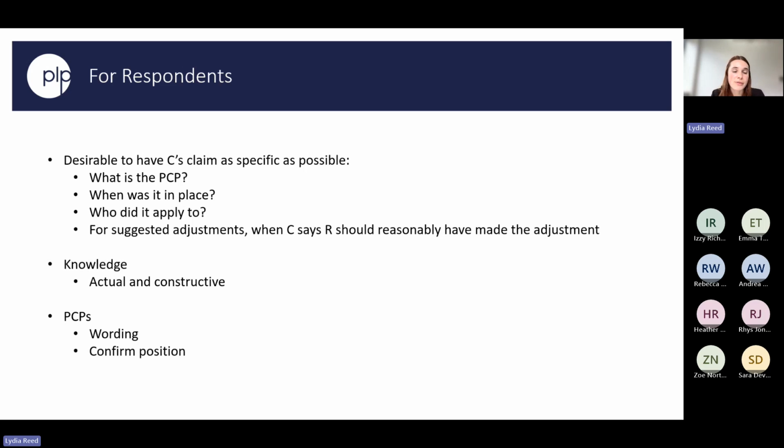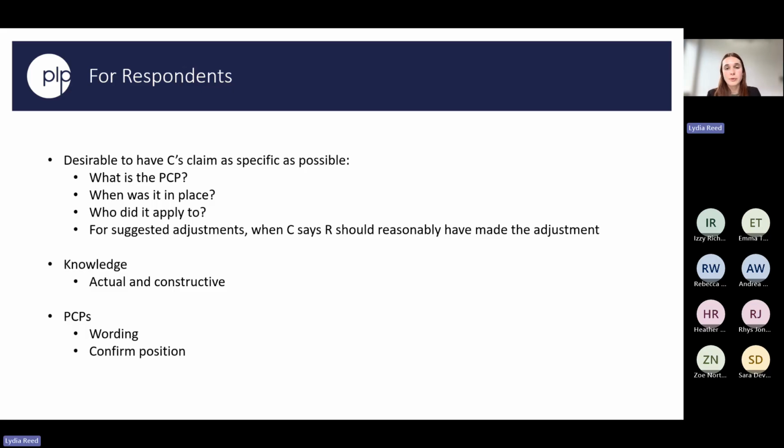So be mindful, though, of the constructive knowledge of what employers could be reasonably expected to know, and ensure that if there are inquiries made, and the respondent's case is that reasonable inquiries were made, evidence that, and make sure that is crystal clear, because it could quite easily be the difference between you winning or losing the claim. And then finally, the wording and the construction of the PCPs.